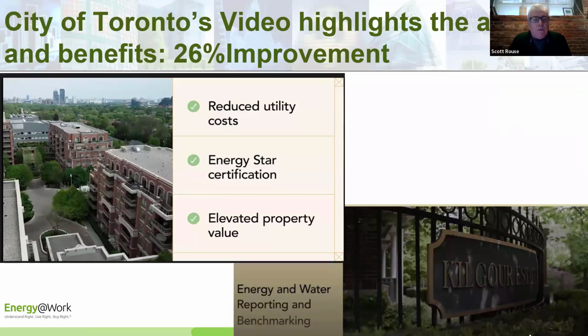So the City of Toronto will be producing a video, and they use this building as a case in point for reducing utility costs. Again, EWRB made it a priority for them. They did get Energy Star building certification, and they did that for the increased asset value, because they felt they could see the whole property value increase, and it was largely due to the EWRB.